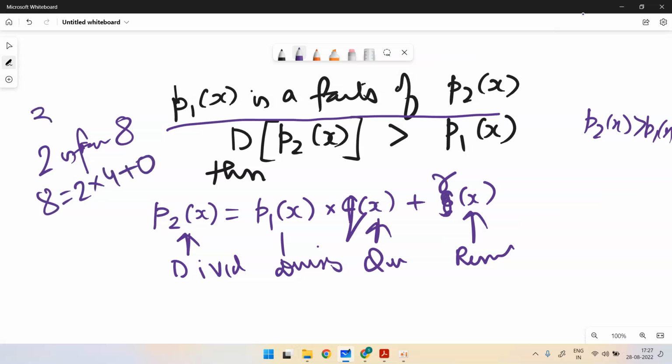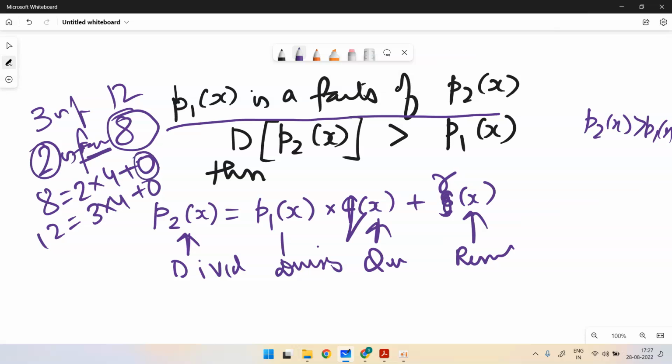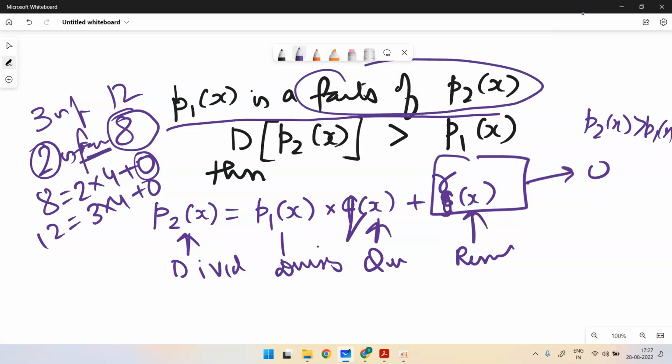Or if you say that 3 is a factor of 12, 12 can be written as 3 into 4 plus 0. Factor means it completely divides this by this, and the remainder is 0, which implies that if this is a factor, then r of x will be 0. For p1 to be a factor of p2x, the remainder should always be 0.